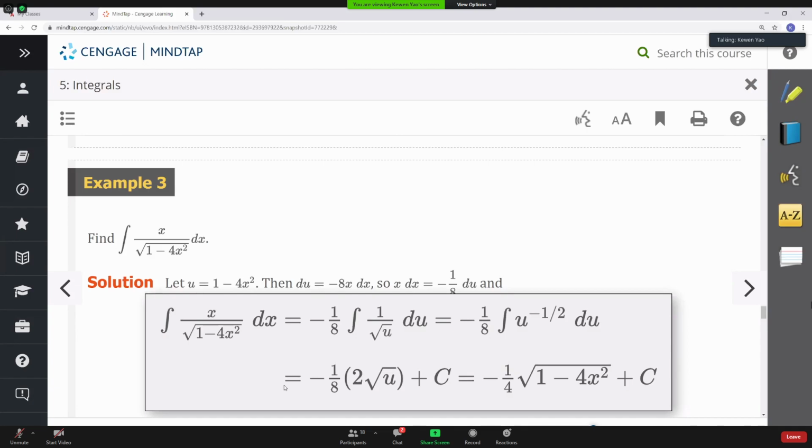This is u to the power 1/2, square root u, and 1 over 1/2 is 2. So it's negative 1/4 square root of 1 minus 4x squared. So we have found the answer by using the rule of substitution. Easy, right?